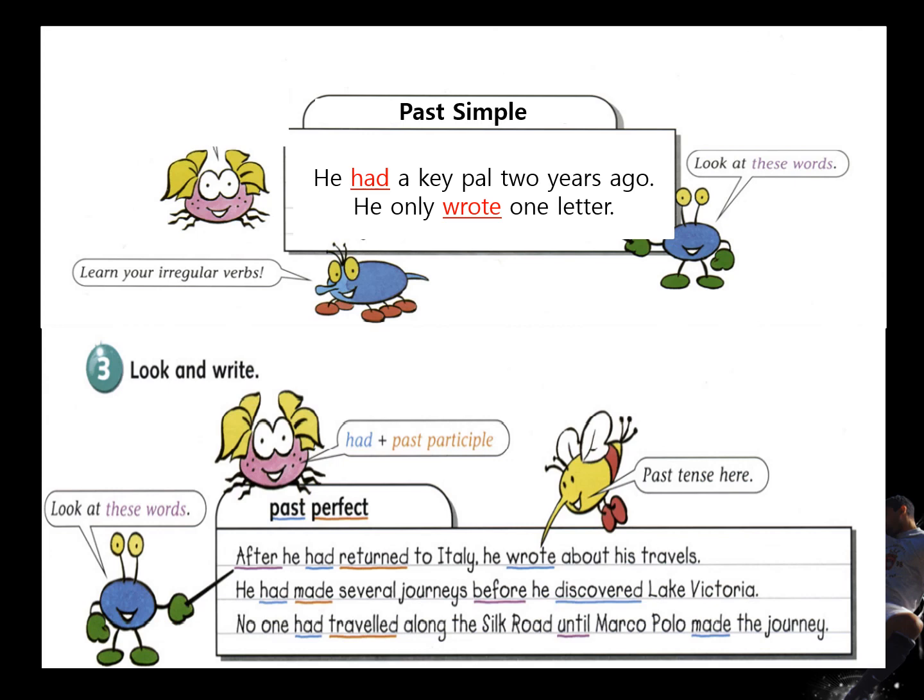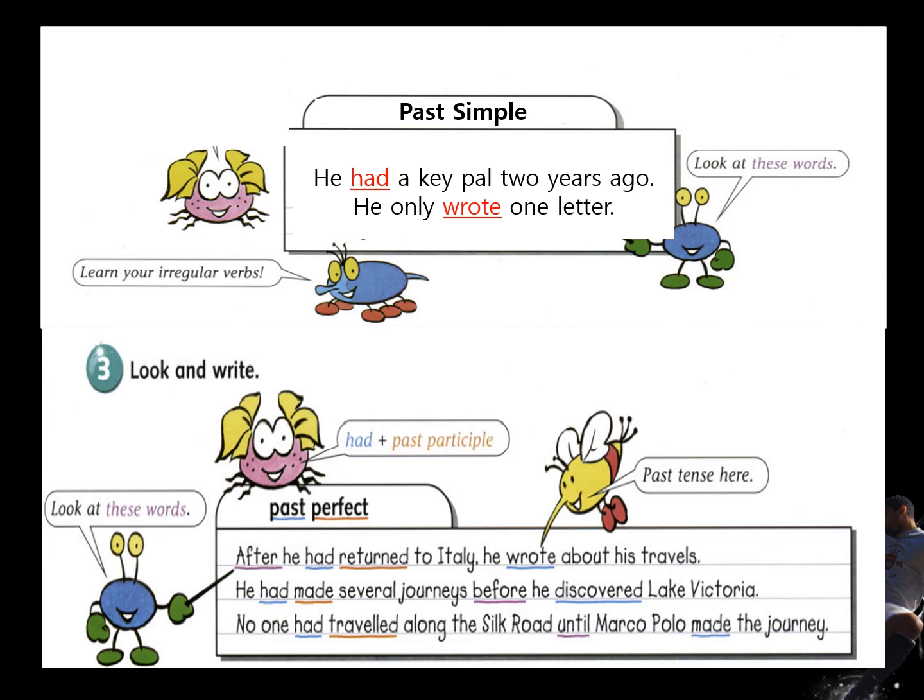Let us now move on to the past perfect tense of the verb. Past perfect is formed by having the had as the auxiliary verb plus the past participle form of the verb. Also, it uses the simple past tense in another part of the sentence. Take a look at this example. After he had returned to Italy, he wrote about his travels.